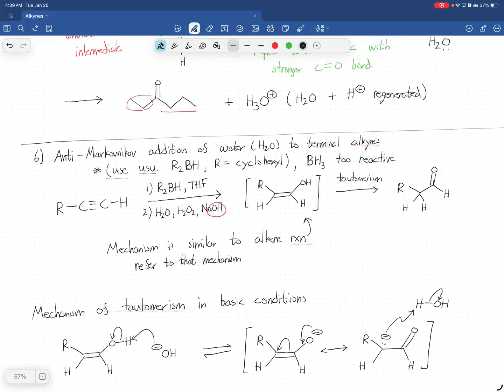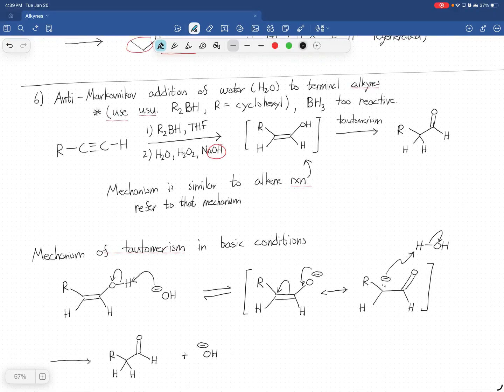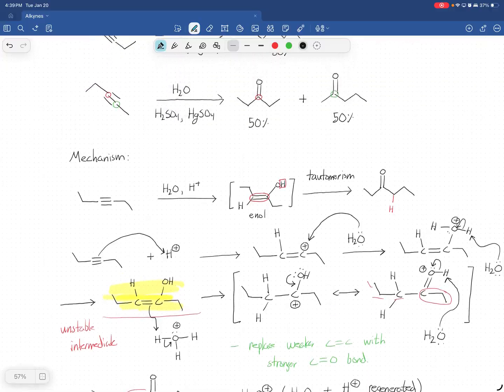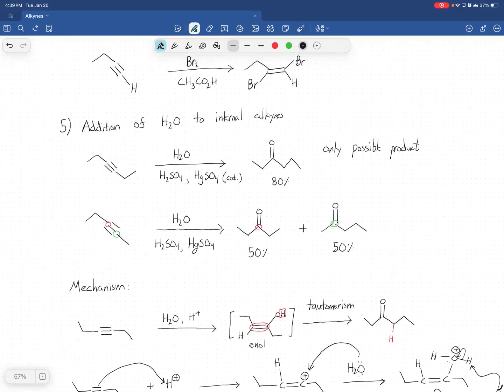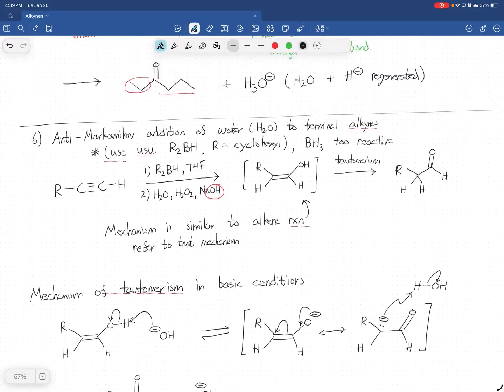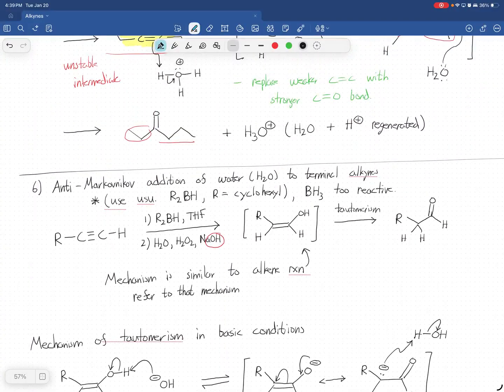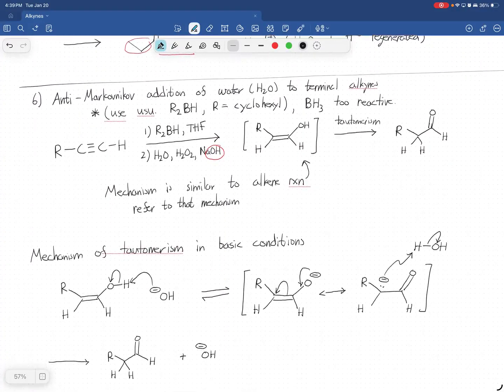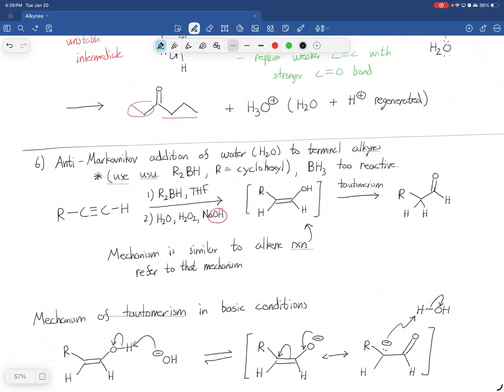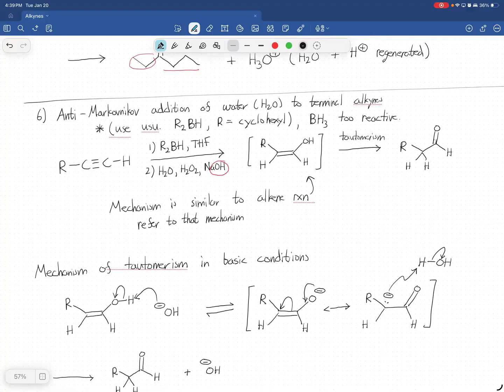Okay. All right, so that's for terminal alkynes. Okay. So if you actually added water here, so this is the one that can actually do Anti-Markovnikov. So this is the one that forms the aldehyde. What if you added water to this reagent?